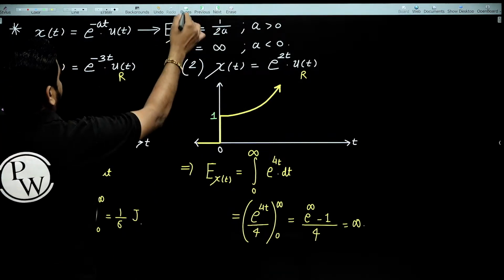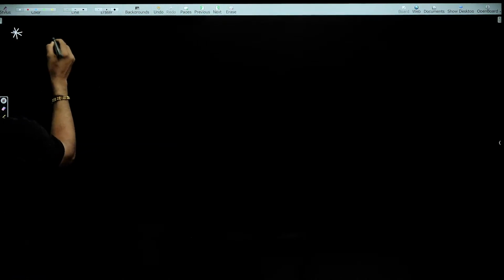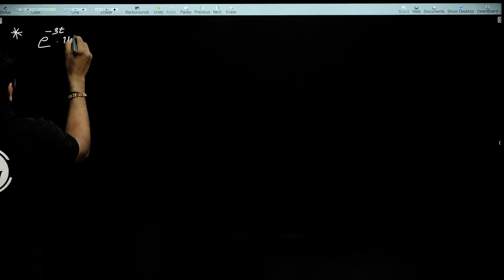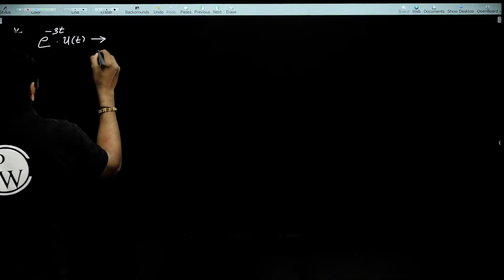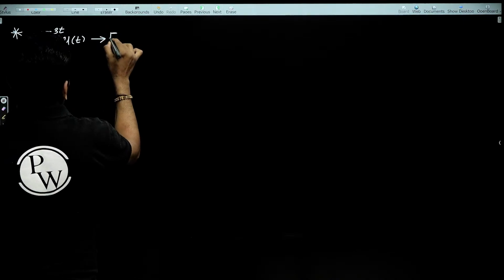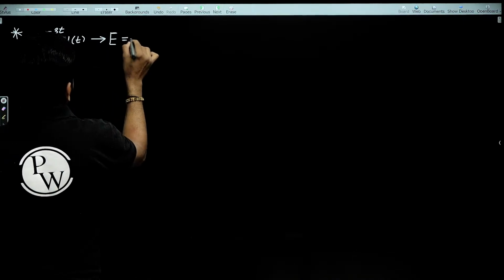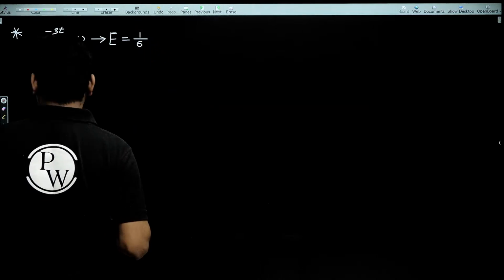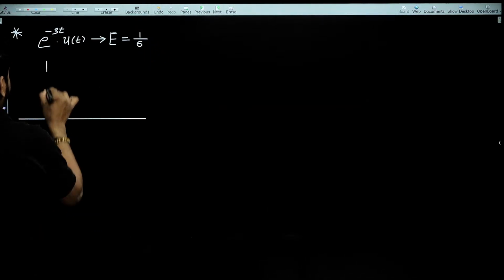So tell me, is this clear? Now one more observation. Suppose e to the power minus 3t. What is the energy of this signal? Energy of this signal is 1 by 6, correct? 1 by 6, this is the right side decreasing function.